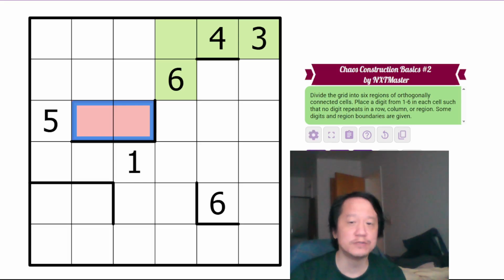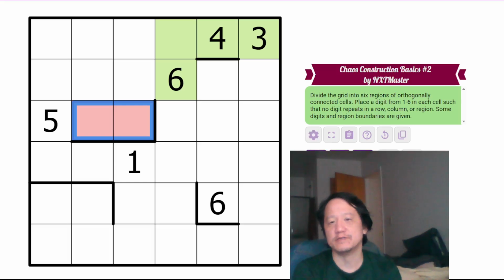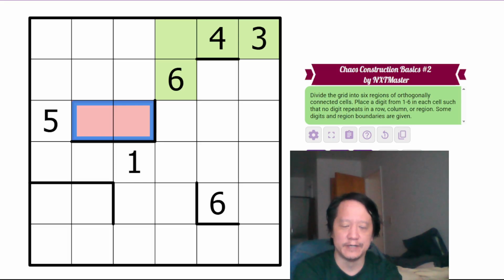And the reason why I'm doing this is because chaos construction is probably one of my favorite rule sets in variant Sudokus. It's always kind of going to be hard to pick up. If you have a 9x9 chaos construction, I've not seen one that's easier than challenging level.